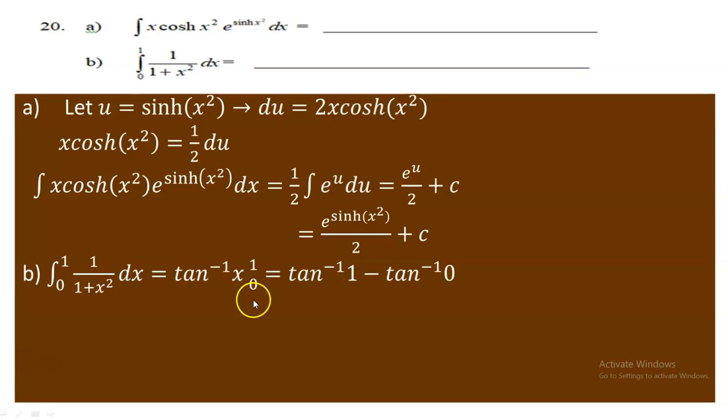According to the fundamental theorem of calculus, we first put 1 in x, and next 0 in place of x, taking the minus into account, as you see. So this is tan inverse of 1, which is pi over 4, minus tan inverse of 0, which is 0. So pi over 4 minus 0 comes, and the final answer is pi over 4. So this integral is pi over 4.